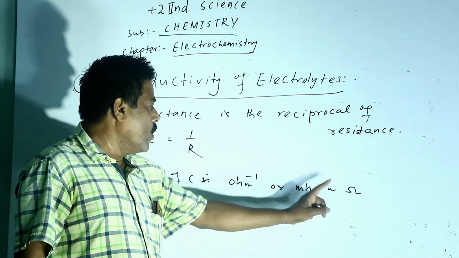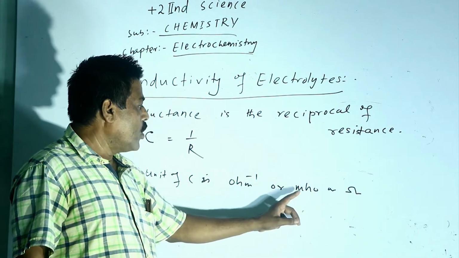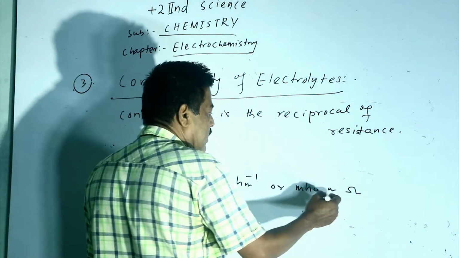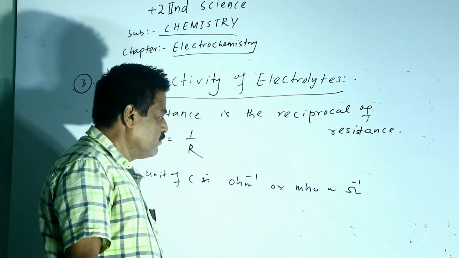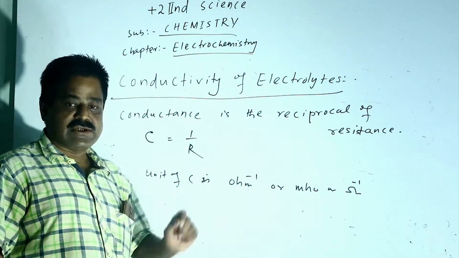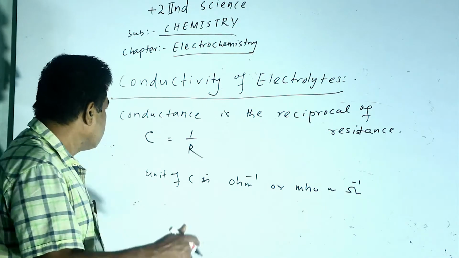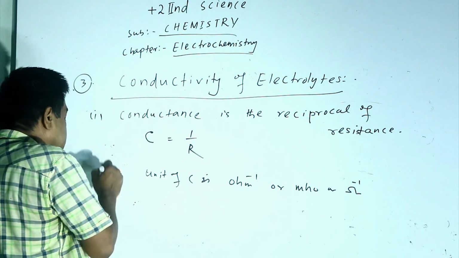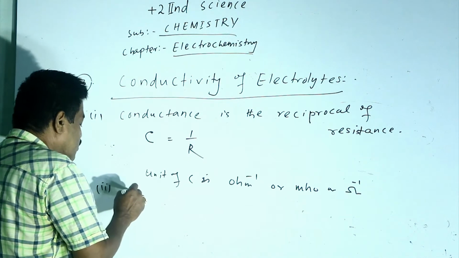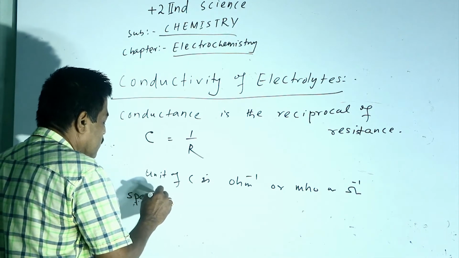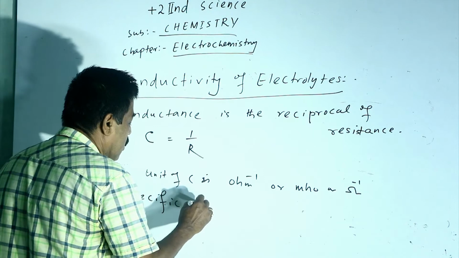This is called ohm inverse or mho. This is the unit of conductance. So now, the next term, that is specific conductance.